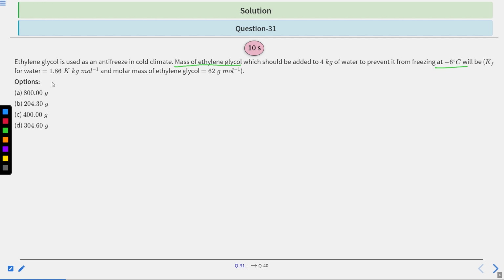Kf for water and the molar mass of ethylene glycol are given. Options are 800 gram, 204 gram, 204.30 gram, 400 gram or 304.6 gram. So you have 10 seconds to solve this question. After that, we will see the answer.